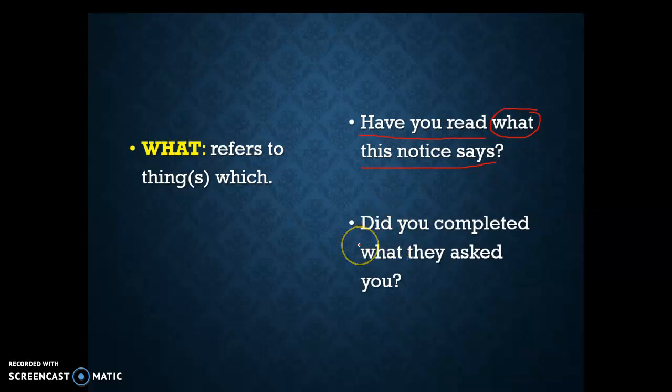Another example, did you complete what they asked of you? The main clause is did you complete it? And we are using the object pronoun, that is what. That is joining at the same time the main clause with the object clause. They asked you.